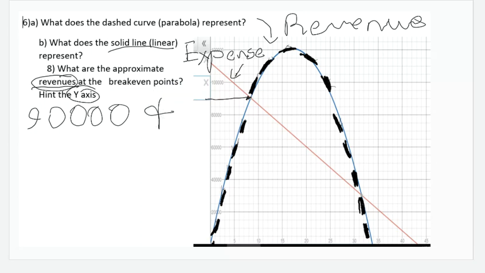The second one is right here, and I go across, and it's halfway between 40,000 and 20,000, so that's 30,000. So hopefully you all got that one.